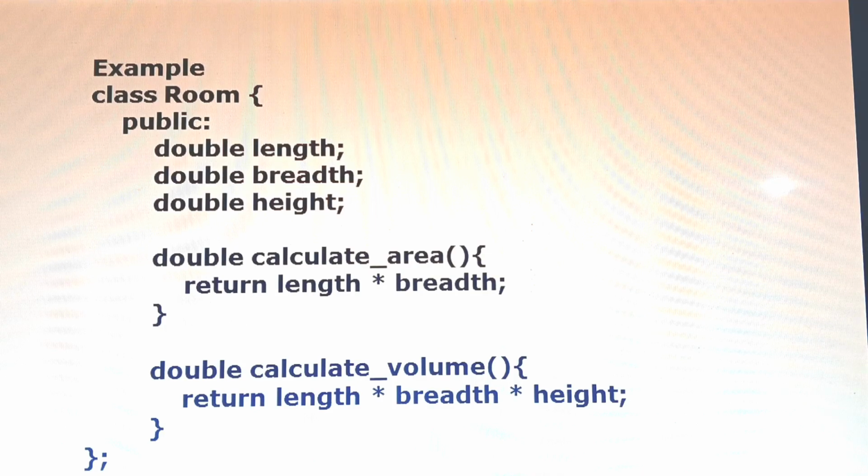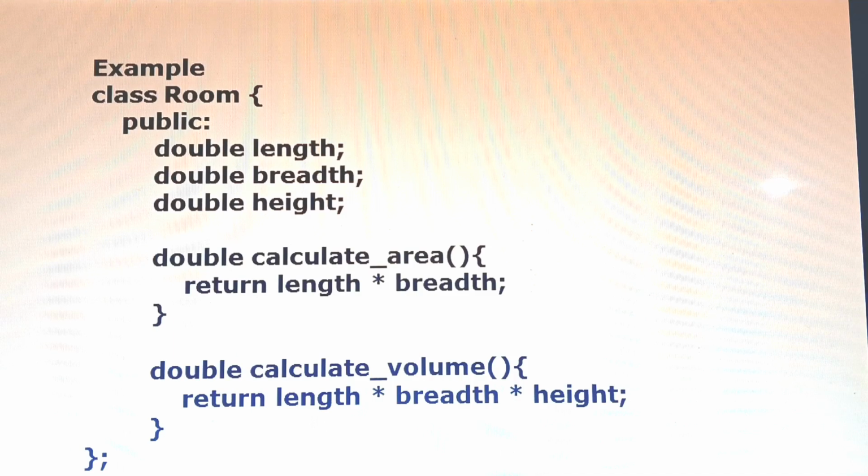What is public, what is private, what is protected. Once you declare something in public mode, any object anywhere in the program can access it. Next are the functions: calculate area and calculate volume.